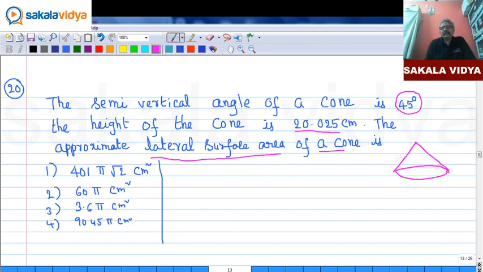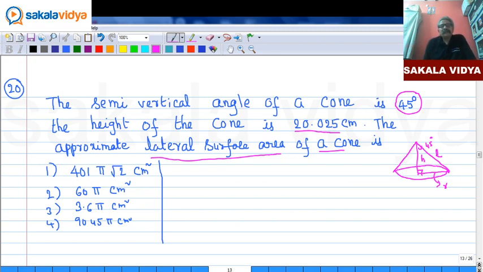This is a cone. This is height h. This is the base radius r. This angle is 45 degrees. This will be the slant height L. So, whenever the angle is 45 degrees, h and r are equal.